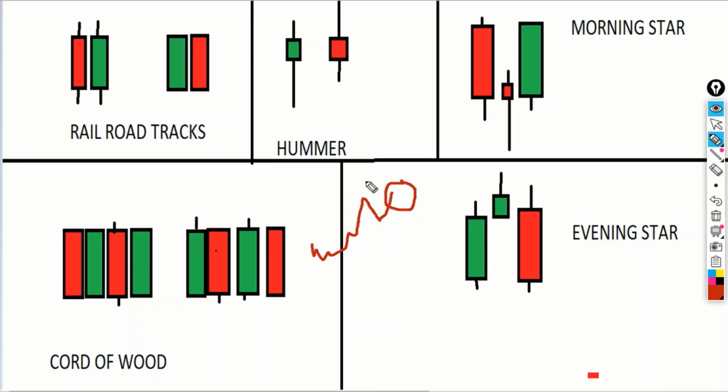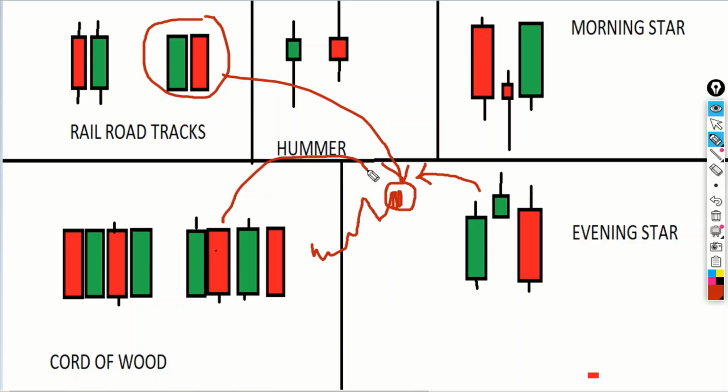If on the second leg you see a railroad track, two equal bars of opposite colors at the high of the day, that's a sell. If you see this thing at the high of the day, that's a sell. Also this thing at the high of the day, that's a sell.